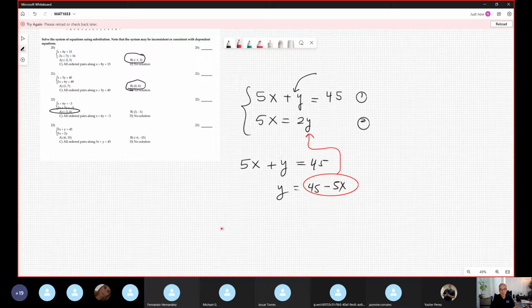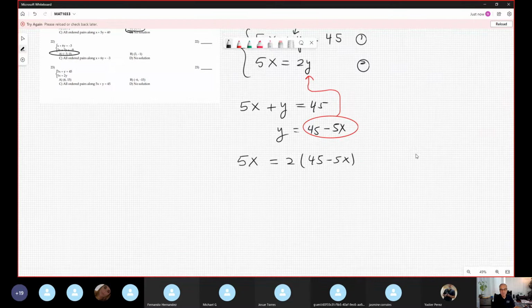Here, I suppose. Okay, so another equation, no? So we have 5x equals 2 times 45 minus 5x. This is 5x equals 90, 45 times 2, minus 10x.